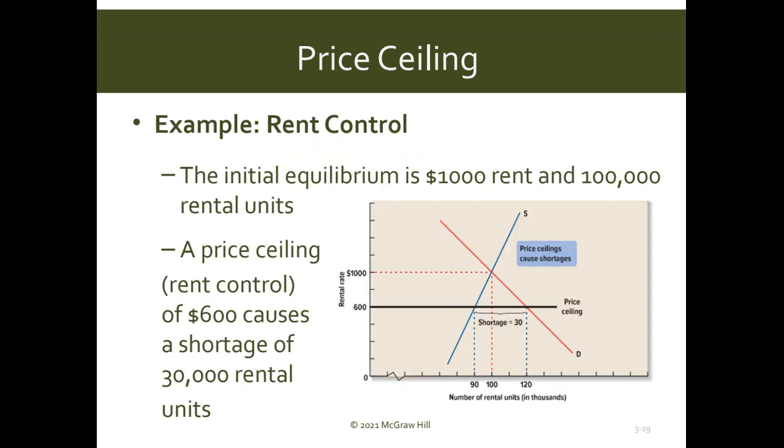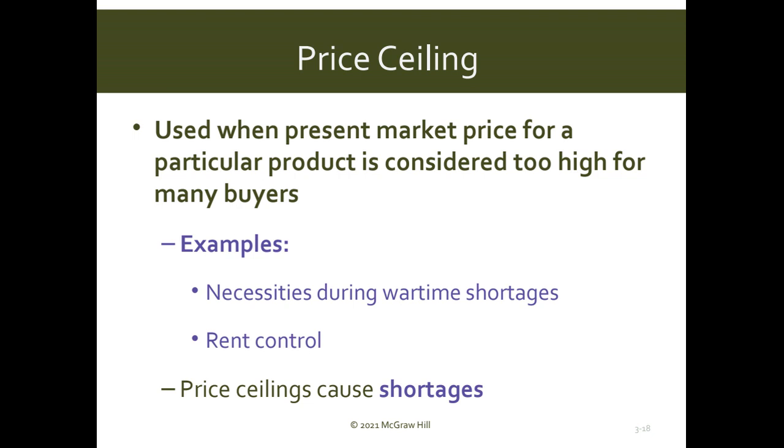These are the two examples of price ceilings. Necessities during wartime shortages. What does this mean? During wartime, there are shortages of goods and services. Since suppliers see shortages, they start charging higher prices. So government regulates these suppliers by imposing price ceilings.